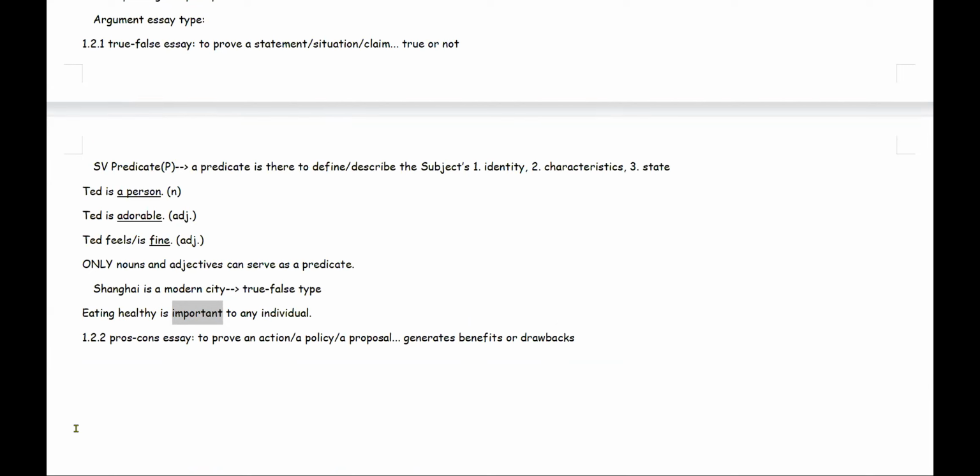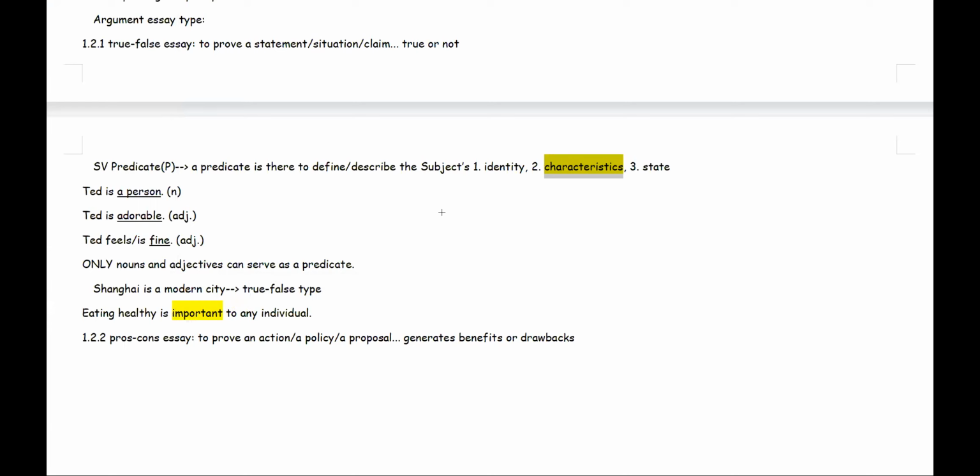Why? Because our job is to prove that this subject fits this predicate. Important would be what? A characteristic, an adjective.